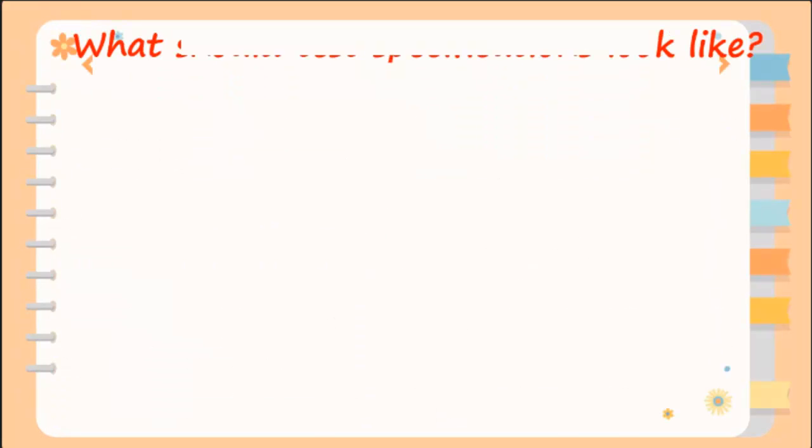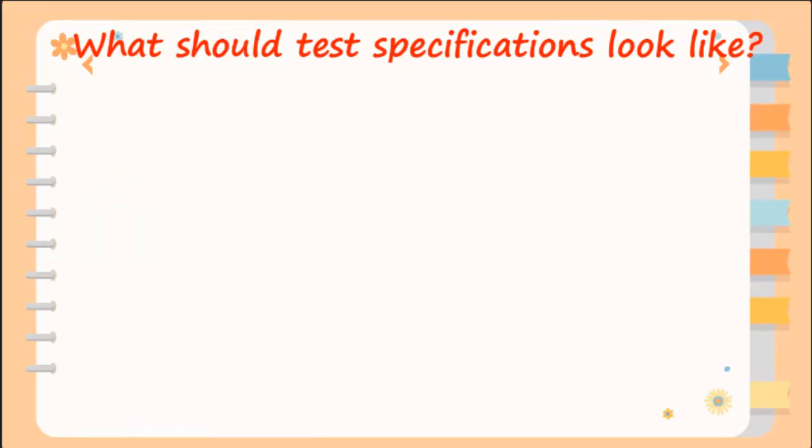And so what should the test specifications look like? We're going to discuss the first one, the test purpose. When we write the test specification, we should think about the test purpose, like to diagnose the students, or to find out what the students have achieved through an achievement or global test.